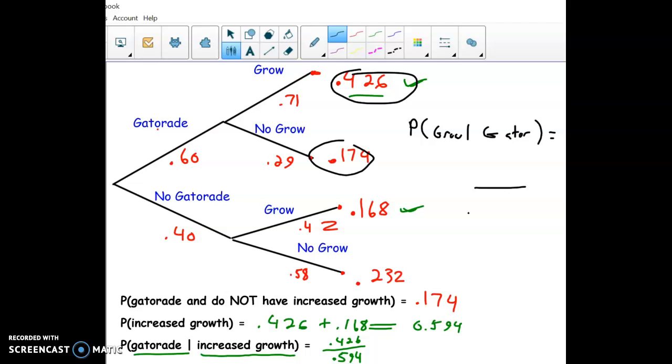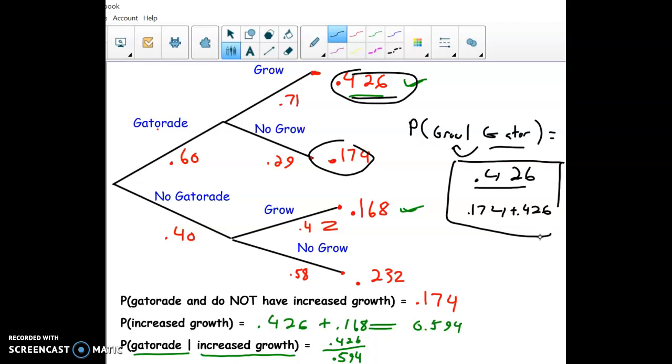Those are the ones that got Gatorade. So our denominator would be those two values added together, and then our numerator would be one of those two numbers. So out of those Gatorade ones, which ones grew? So that would be this number. So it would look like that. 0.426 out of whatever those two things added together in the denominator. And that's a pretty tricky concept.